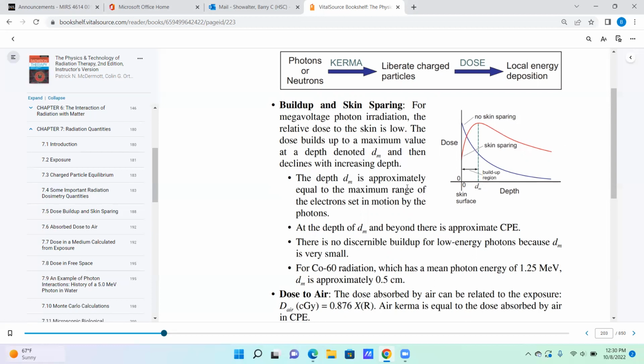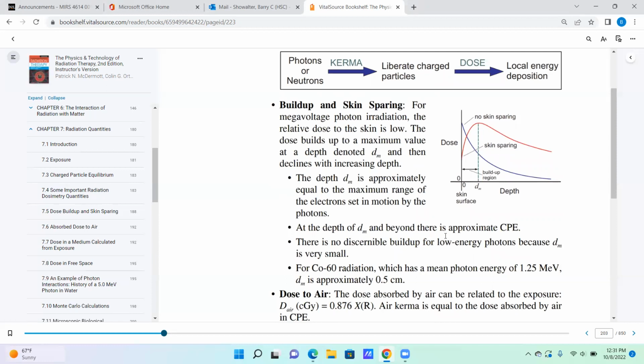The depth d sub m is approximately equal to the maximum range of the electrons set in motion by the photons. So in other words, the photons come to the skin surface, you start to see scattering going on, and then these electrons that start to scatter go in different directions, and when you finally hit the maximum range is where you see the maximum amount of dose deposited.